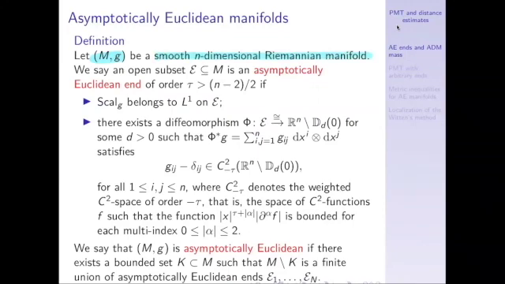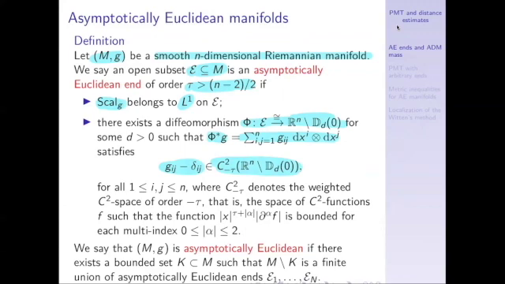We say that an open set E is an asymptotically Euclidean end of order tau, where tau is greater than (n-2)/2, if, first, the scalar curvature is in L1 on E, and the second condition is that there exists a diffeomorphism phi between E and the Euclidean space minus a disk, such that the pullback metric converges to the Euclidean metric with a certain decay, which is expressed by saying that the difference belongs to this weighted C2 space.